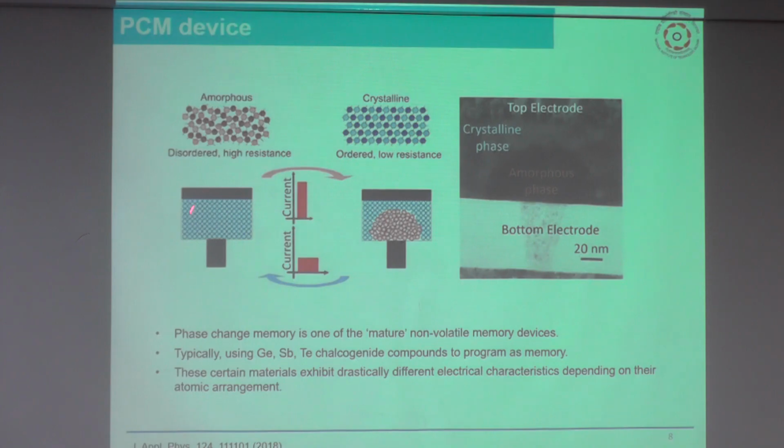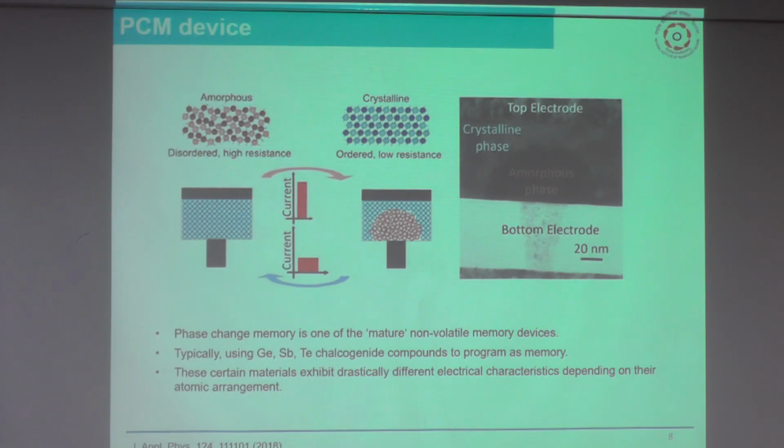And the cross section of this PCM cell, as you can see here, is a high resolution image, where you can see the top electrode, and this is the crystalline region, and this is the amorphous region, and with this bottom electrode along with this heater, it can be identified that this particular region is getting amorphized. Okay, so this you have probably seen already.